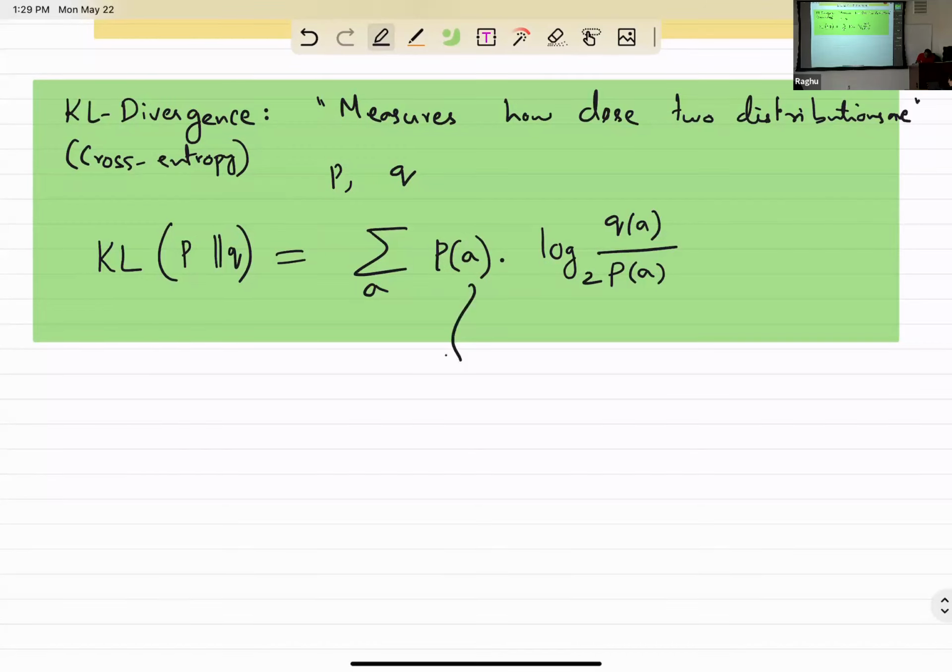Okay, so this is the probability that A happens under P. And oops, actually I wrote it wrong.